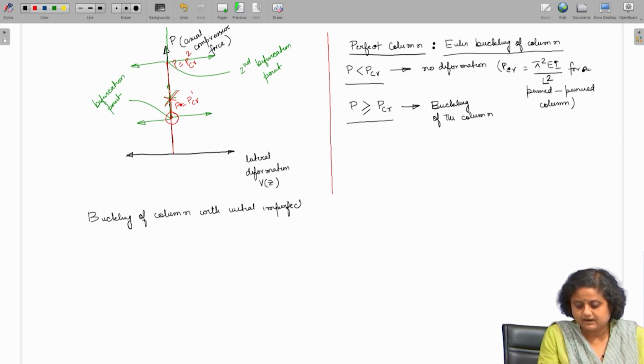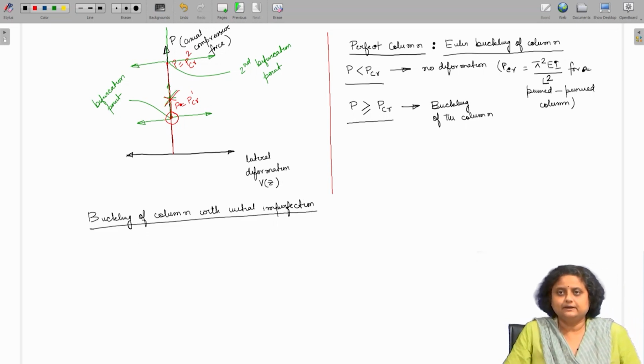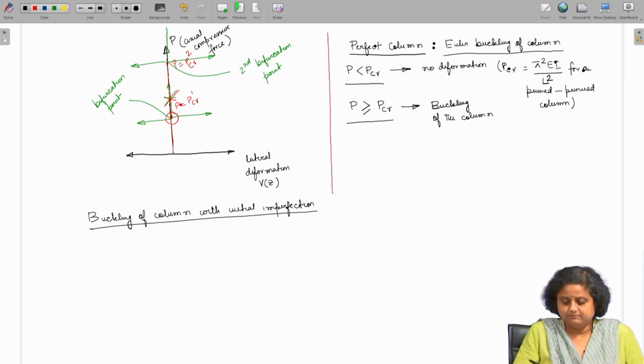We have studied the perfect column, we have understood what is meant by P critical, how to find out P critical, and the theoretical aspects of buckling of a perfect column. The next topic will be buckling of column with initial imperfection.